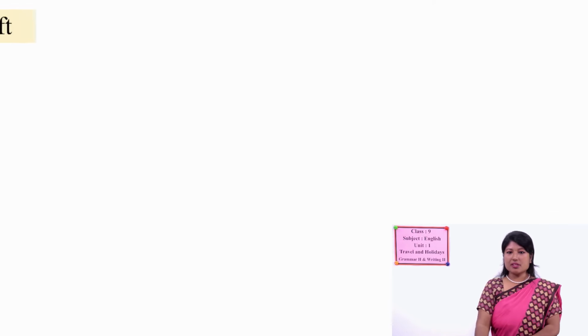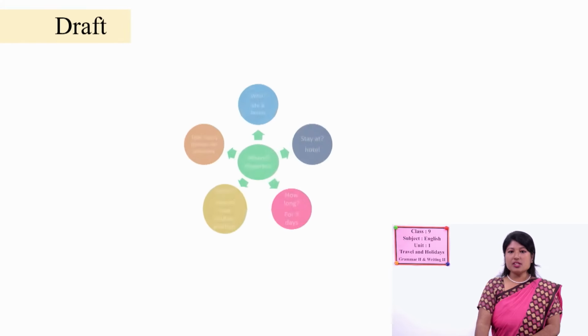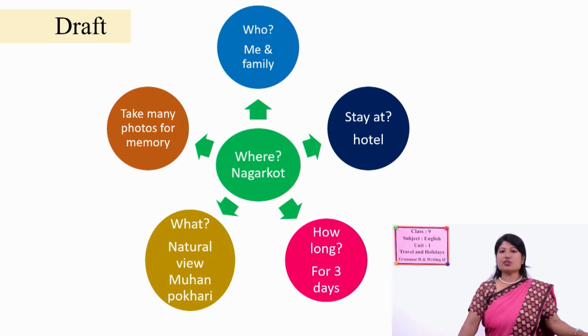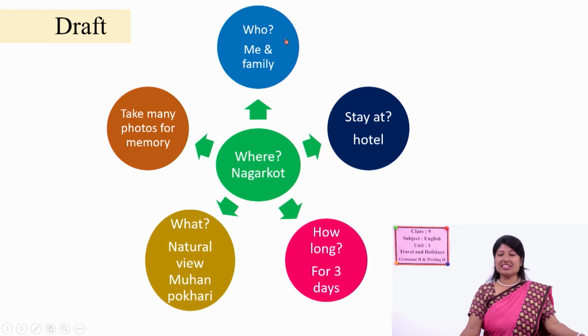Here I have prepared the draft in this way, to make it easy. Where? Nagarkot in the center. Who is going on this trip or plan? Me and my family. Where are you staying? Hotel, of course.